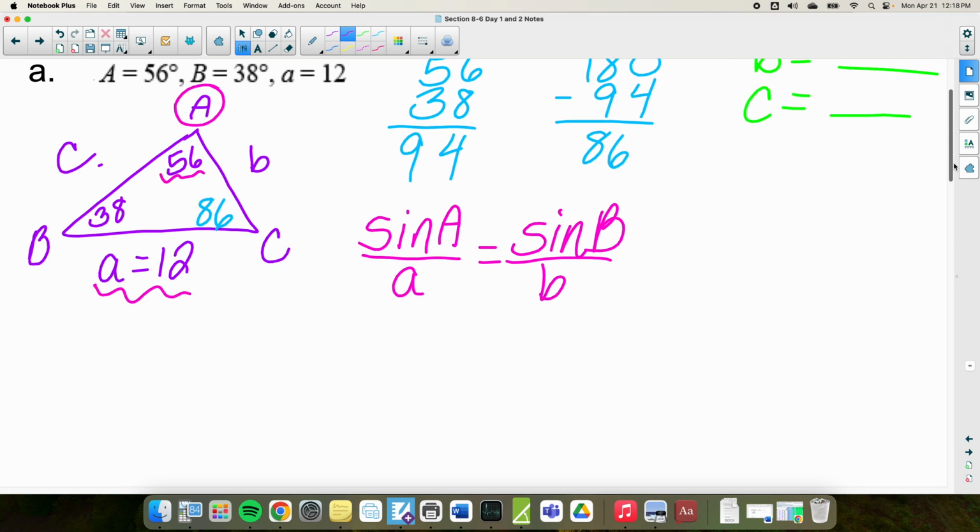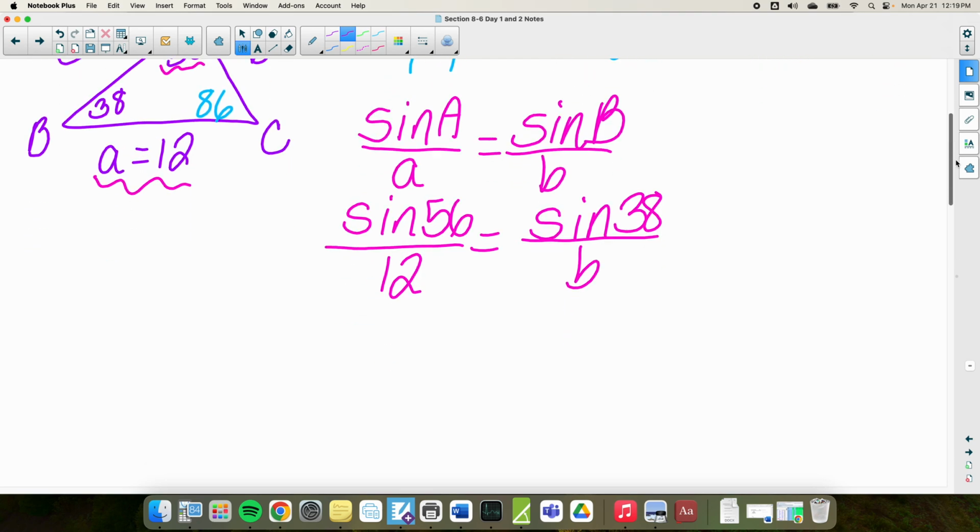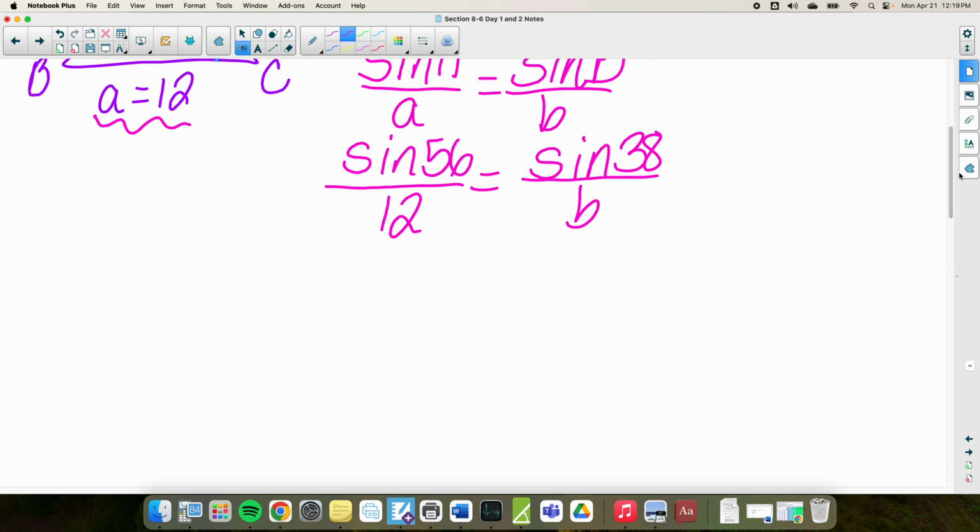Now I'm gonna substitute in what I know. Sine of A would be sine 56, little a is 12. Sine of B is gonna be sine 38, and little b is what we're looking for, okay? Then I'm gonna do cross products.